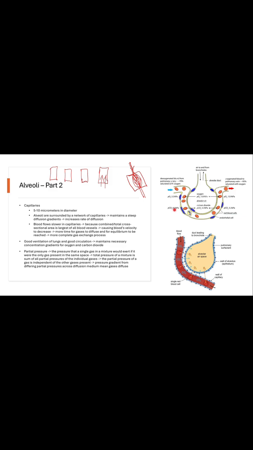Here we have 6 kilopascals of carbon dioxide that moves into the alveoli, where it's just 5.3 kilopascals. And over here on the right, you can see that this has reached equilibrium because the partial pressures are the same in both the alveoli and the capillaries, or the red blood cells.